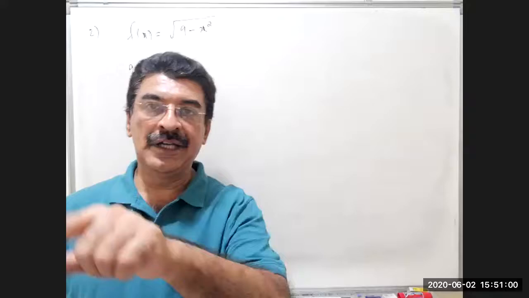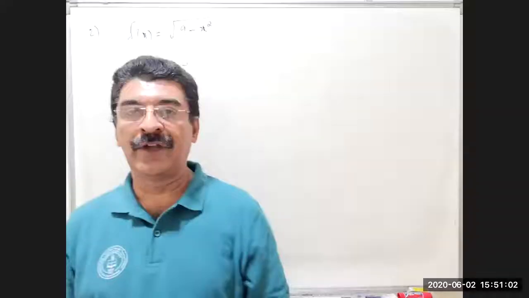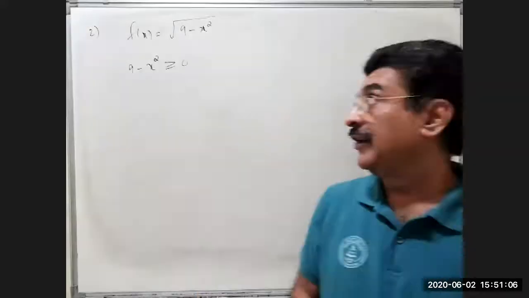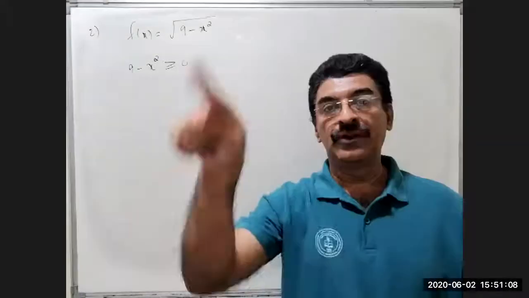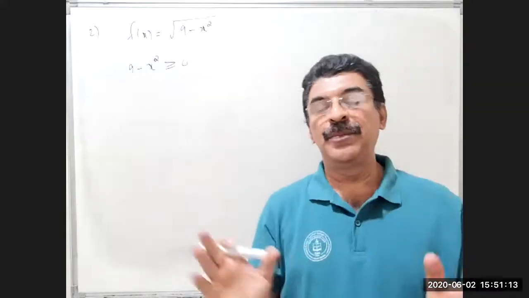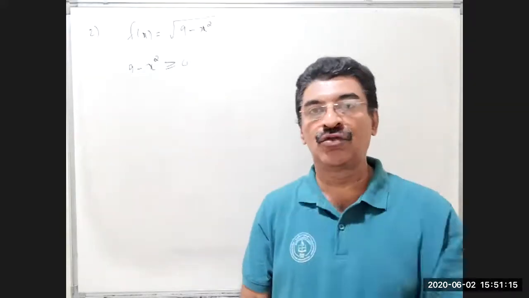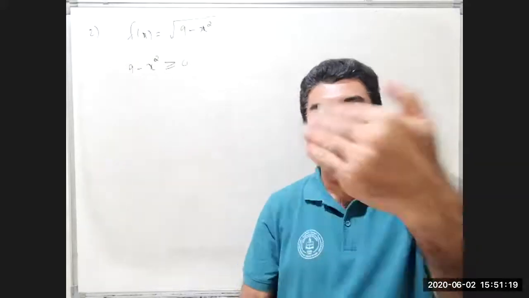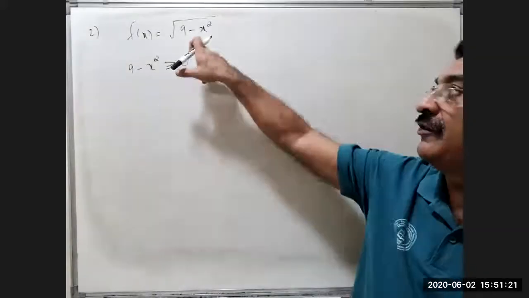Whenever we get a square root sign, the thing inside the square root should always be non-negative, because the square root of a negative number is not a real number, it is a complex number which we learn next. So for a real number, this should be greater than or equal to 0.